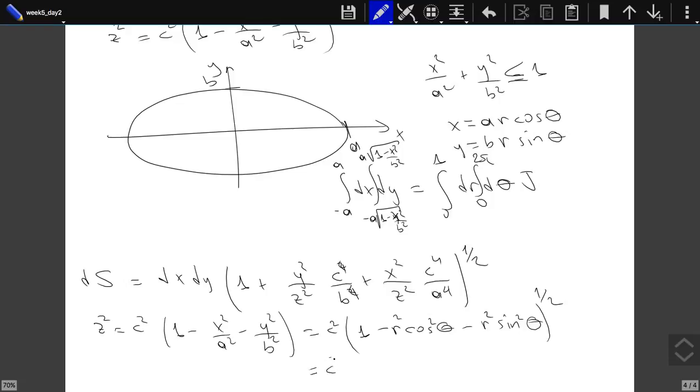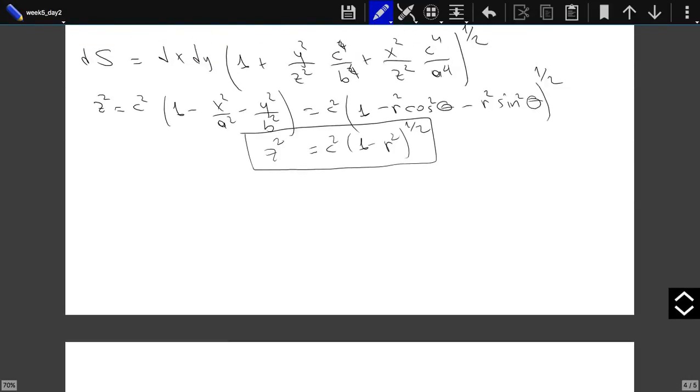So this is c squared times 1 minus r squared to the power 1/2. So z squared looks quite simpler. And remember, theta integral and radial integral now have independent limits.